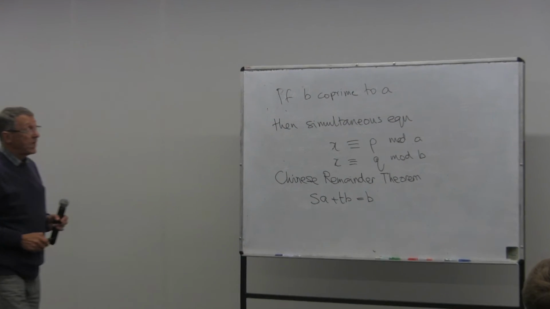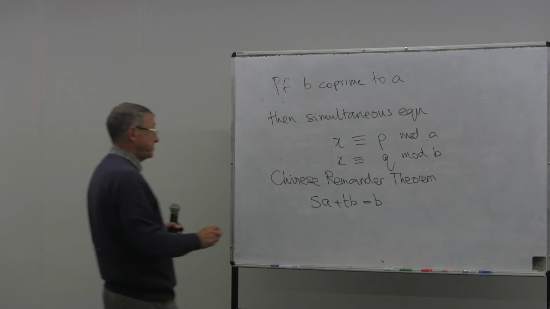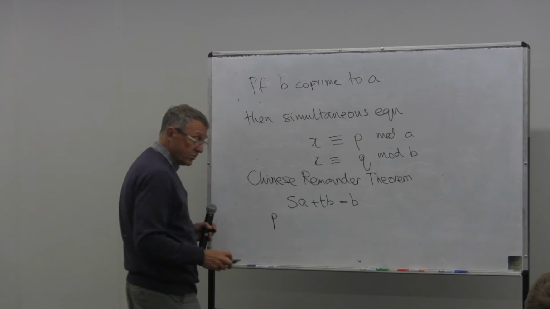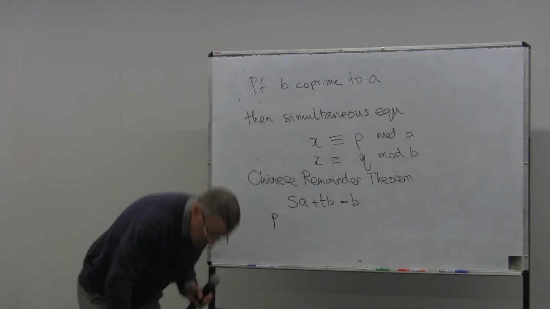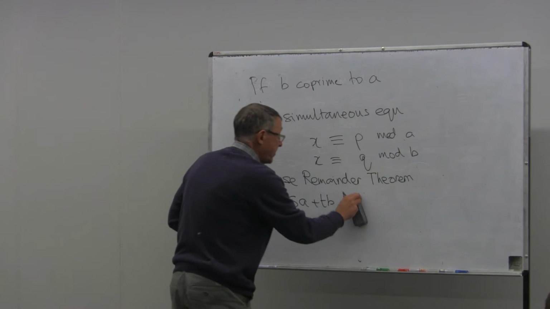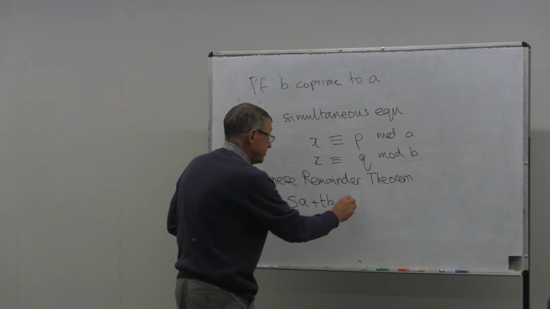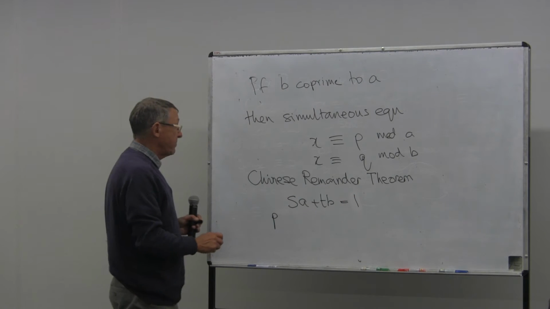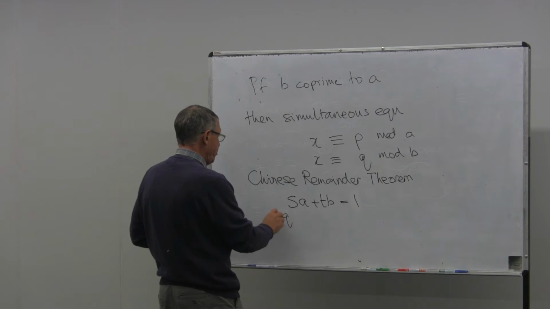Now multiply both sides by P minus Q equals 1. My hand doesn't always do what my brain tells it to. Multiply both sides by P minus Q.